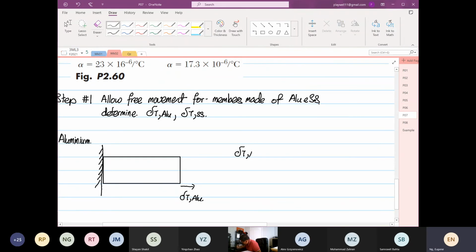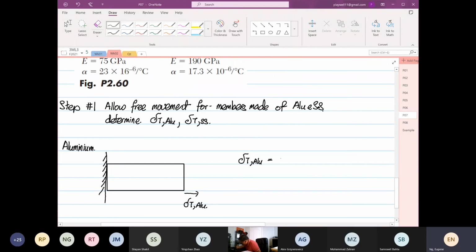So this delta L for aluminum is equal to alpha aluminum times delta T multiplied by the length of aluminum. The alpha is 23 times 10 to the power minus 6.